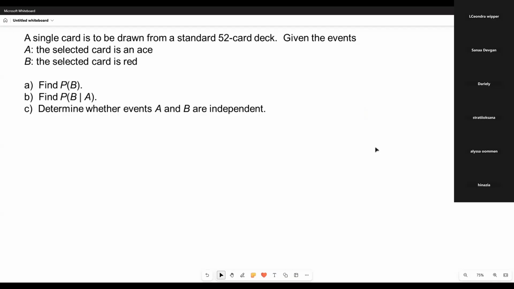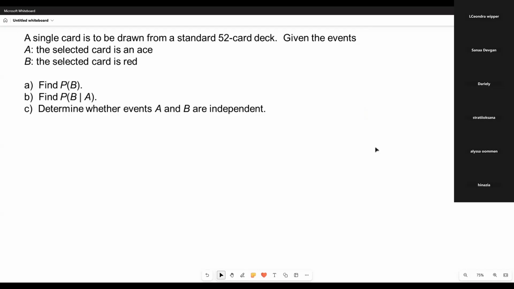A single card is to be drawn from a standard 52 card deck. Given the events A, the selected card is an ace, and B, the selected card is red.